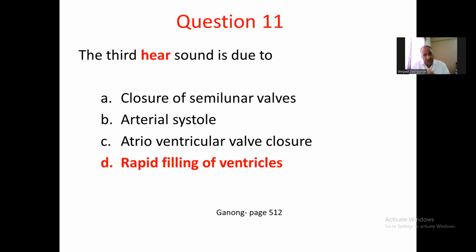For the third heart sound, the correct response is rapid filling of ventricles. But there is no response for a third hear sound. So therefore, this question is wrongly typed, or it's wrong. It should be eliminated.